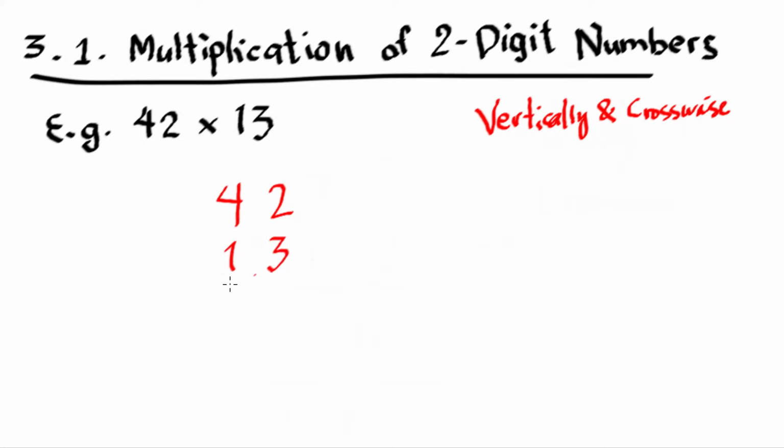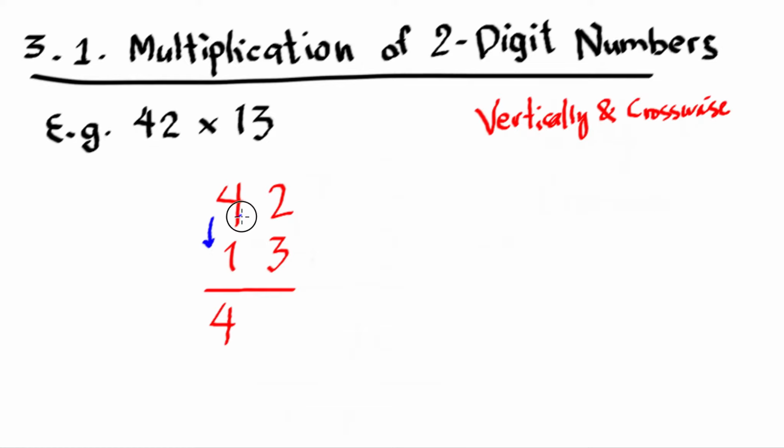So let's answer this. First is the vertical method, 4 times 1. So what is 4 times 1? 4 times 1 is simply 4. So that's our answer for our hundreds place. Next is our crosswise method.